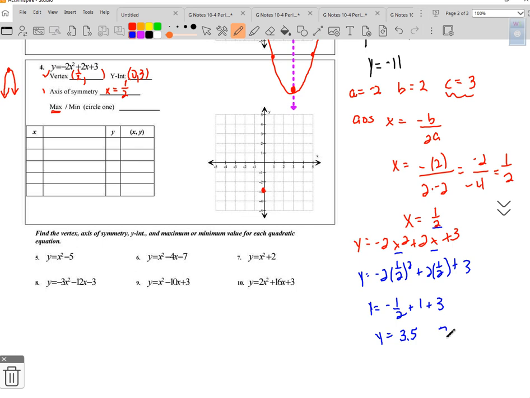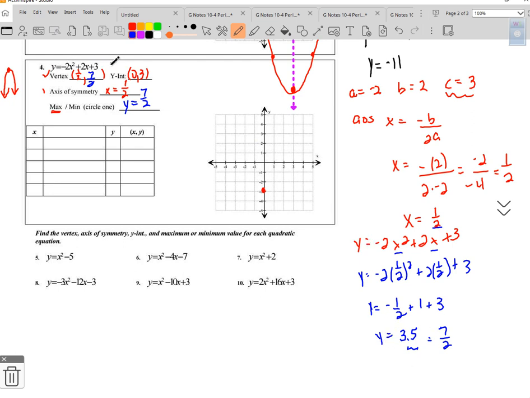That would be 7/2. Since I have a half here, I'm going to put 7/2 here. But I like the decimal, it'll help me graph it in a second. So if my vertex is 1/2 and 7/2, my maximum is the same as my y-coordinate. So y equals 7/2 or 3.5, I don't care what you use.